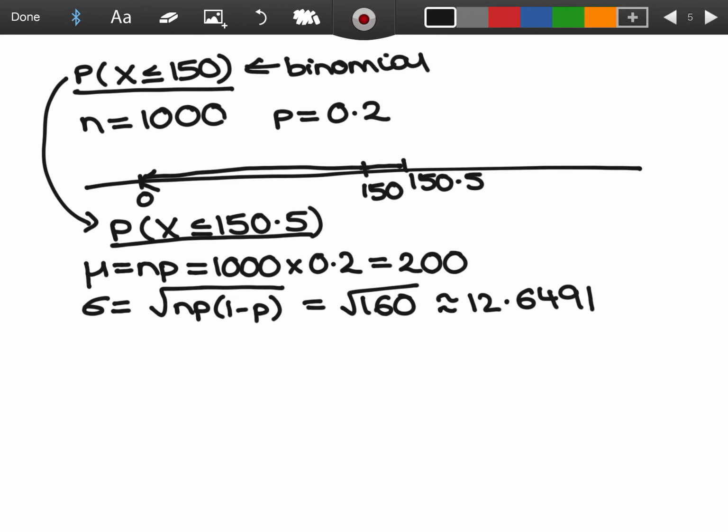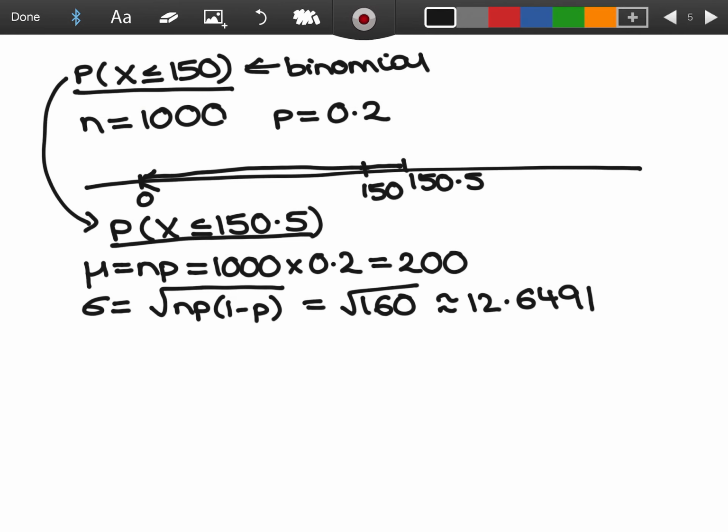Now, we've got the probability that X is less than or equal to 150.5. We have an upper bound, we don't have a lower bound. What you could do is type in a very, very large negative number, something like -1,000,000. That would work in your calculator and give you a decent answer.